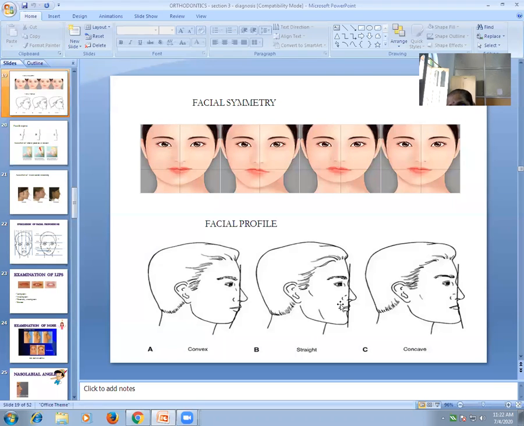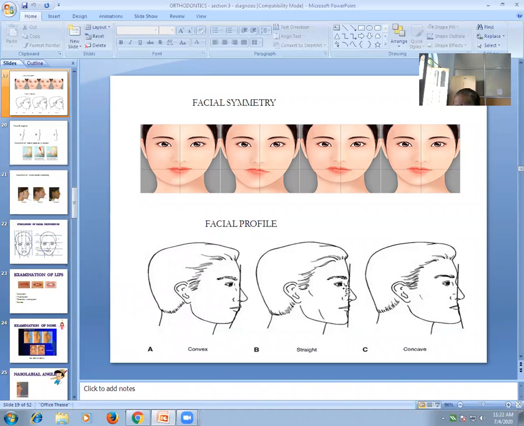if you extract teeth to retract the anteriors, that means to reduce the proclination, your profile will change to concave like this. You will retract it.